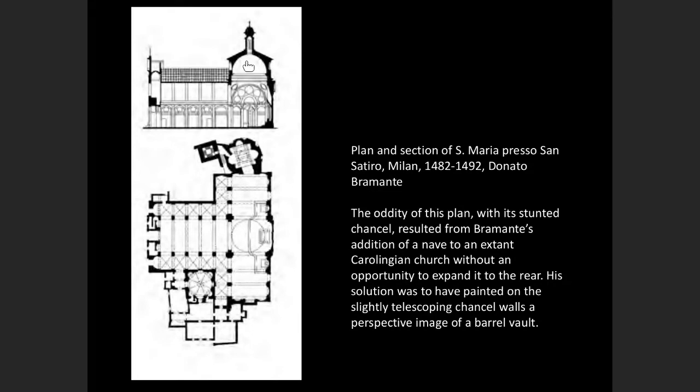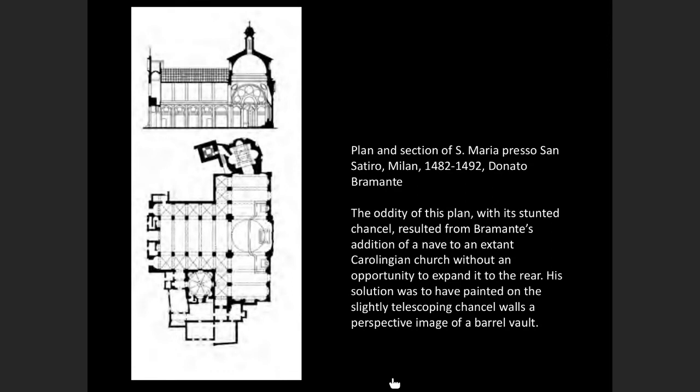You can see the dome at the crossing. But because of a building here off to the right, if you're looking at the plan where my pointer is, there was an existing building there. And so he didn't have the depth to really create a deep ambulatory, apse with chapels and with the altar. So he had to sort of design on the fly here, kind of a creative solution for that.